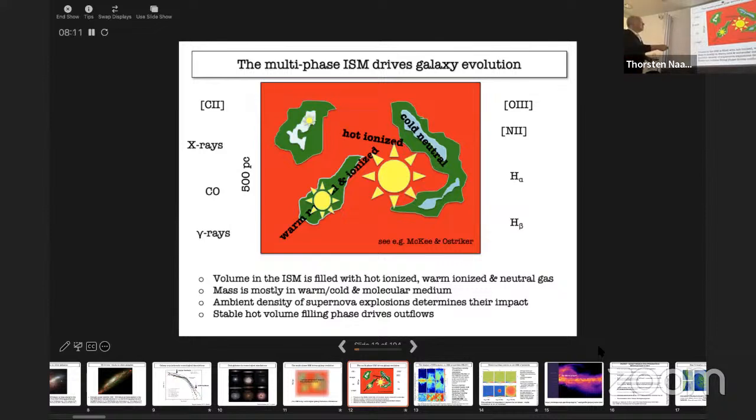So you cool much less and generate much more hot gas if the ambient density of your supernova explosion is lower. Now, you would think, oh, stars are born in a dense phase, so when they explode it's very difficult to do something. It's actually not correct, and I will show you why.